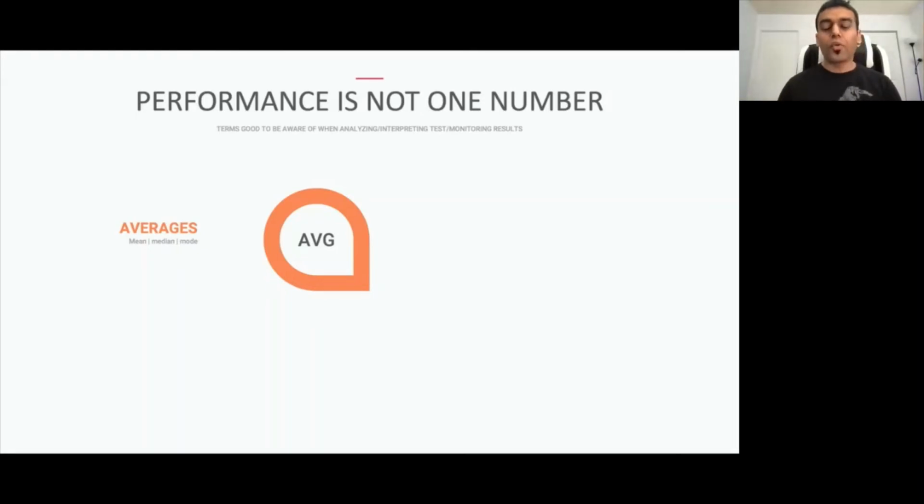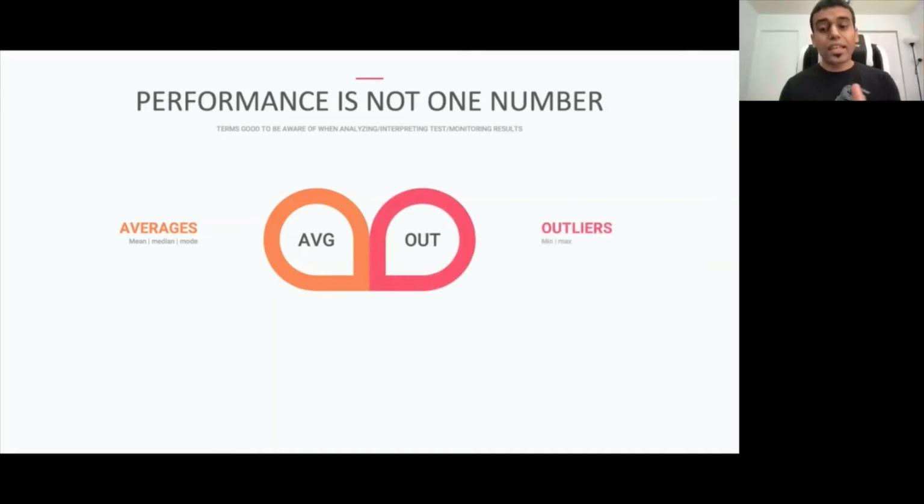When you're taking things like response times and converting that to an average, you're really losing out on a lot of the information because these types of numbers have a lot of outliers.